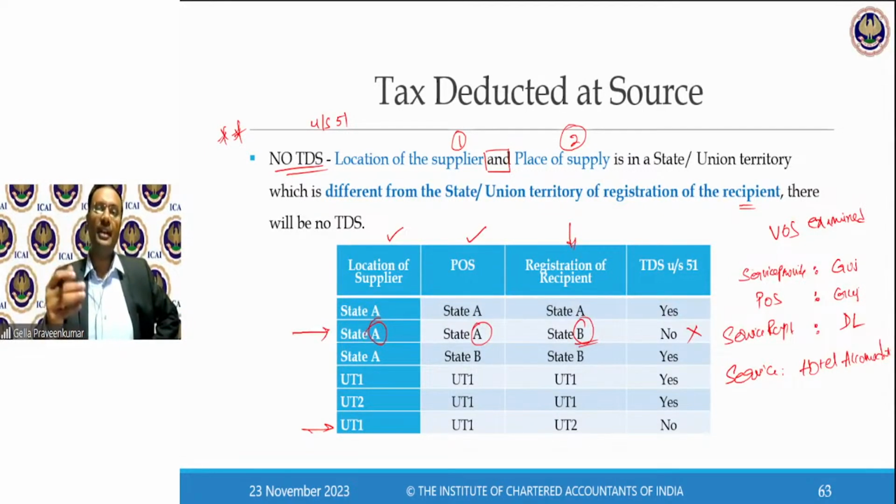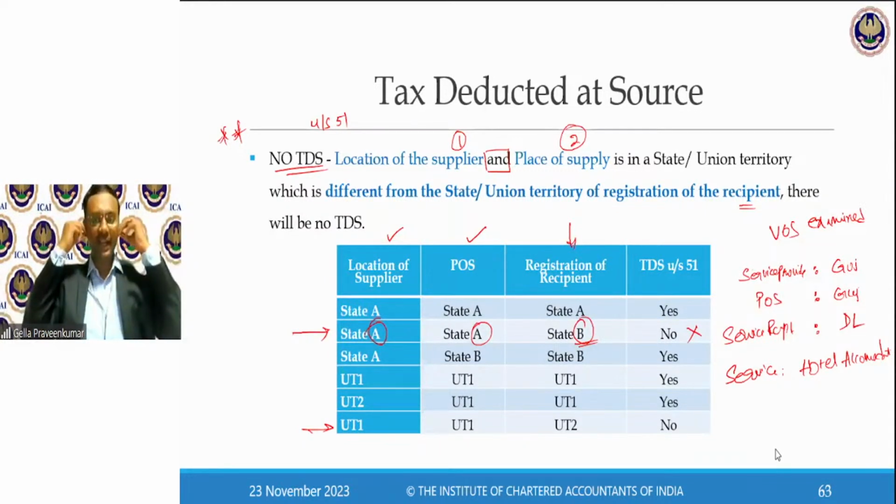Now, the service provider will charge SGST, CGST of Gujarat. Sitting in Delhi, I can never recover that SGST, CGST. That is the logic why, if a service recipient is in another state, TDS provisions are not applicable. Hope this is clear, Namrata.